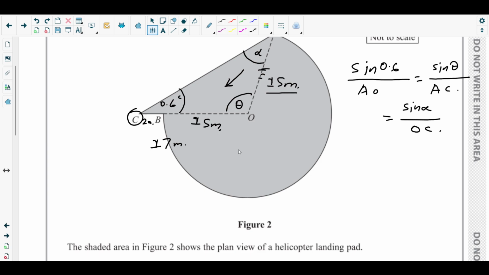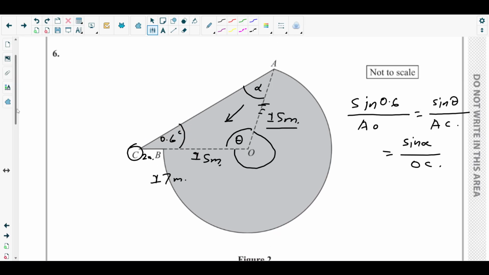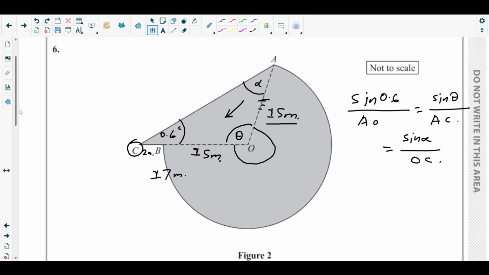As I said at the beginning of this video, the circle we are considering has a major arc AOB. We need to find out its area separately and the area of the triangle separately.